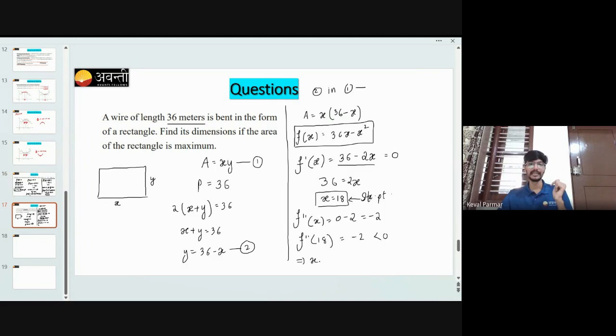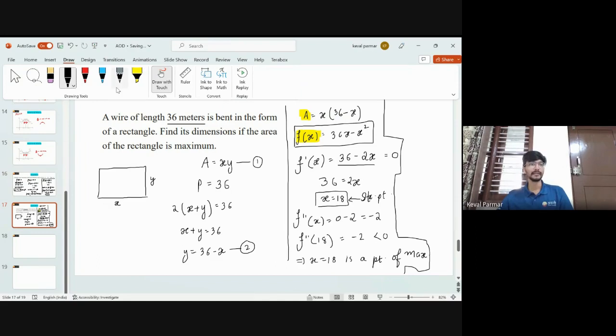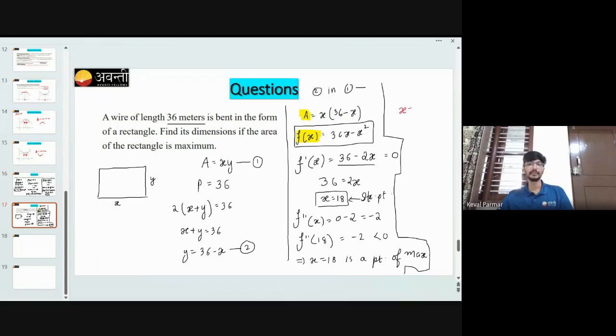Less than 0 means it is a point of maxima. So that means f of x, that means area, will be maximum at this point, and from equation number 2 we also get y the same.